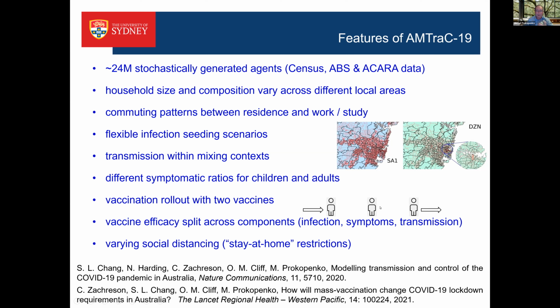And some efficacies are known to be fairly high for preventing the disease. But even if you do get a disease, you may not be transmitting as badly. So the efficacy in terms of transmission is the third component. And in the first year, we didn't have vaccinations, vaccines. So we needed to vary social distancing in trying to see under what circumstances you could control the pandemic.